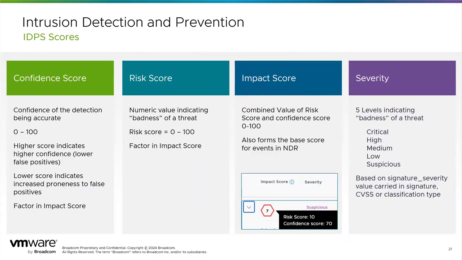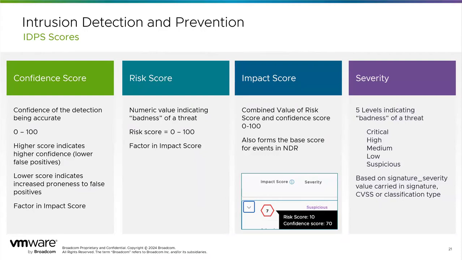When we look at the risk score, this is a numeric value indicating the quote unquote badness of the threat. How much can it impair? The risk score is again based off of 0 through 100, and this also factors into the impact score.